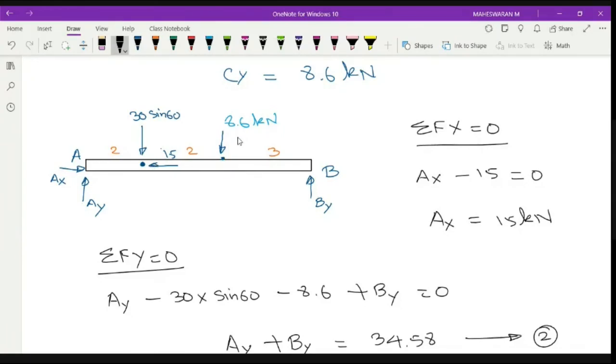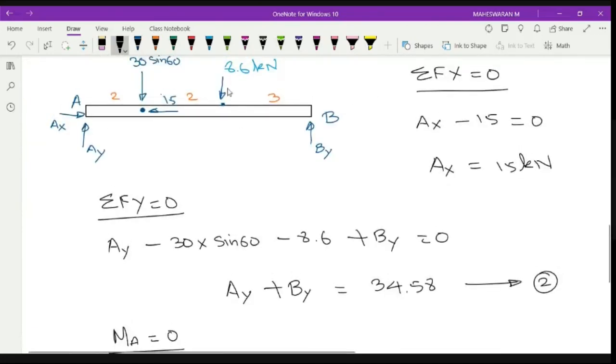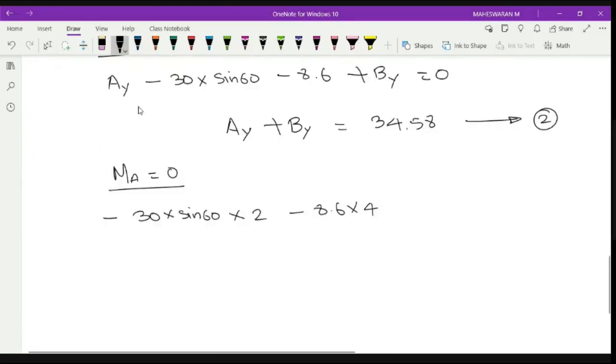Next, 8.6 into 4. Right? So minus 8.6 into 4. Next, By. That is anti-clockwise. So By into total distance 5 plus 2, so 7. So plus By into 7. This is equal to 0. So let's identify what is your By.